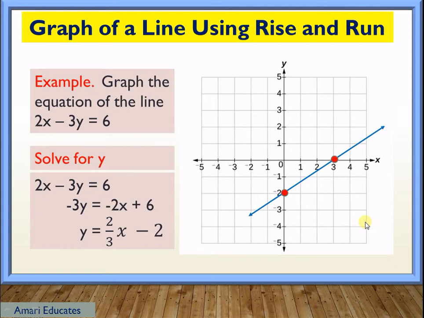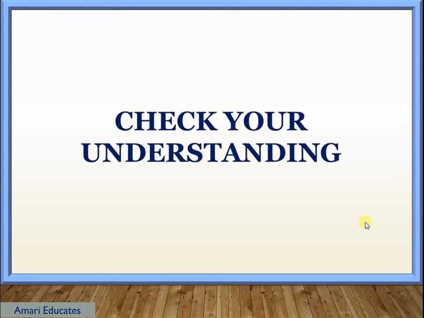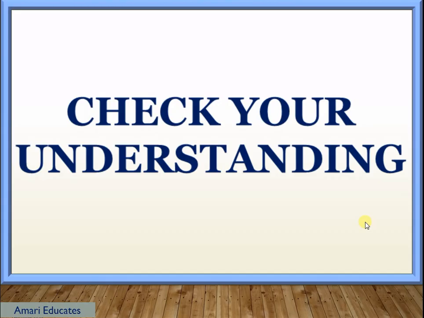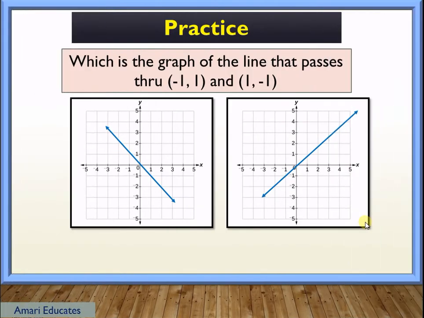Okay? Now at this point, we're going to check if you understood our lesson. Okay? Ready? Okay. If you're ready, let's start with our first problem. Which is the graph of the line that passes through negative 1, 1, and 1, negative 1? Which of these two graphs? Ready?